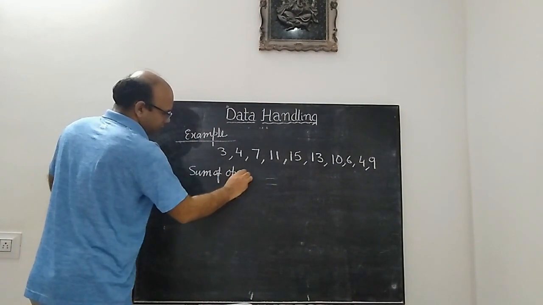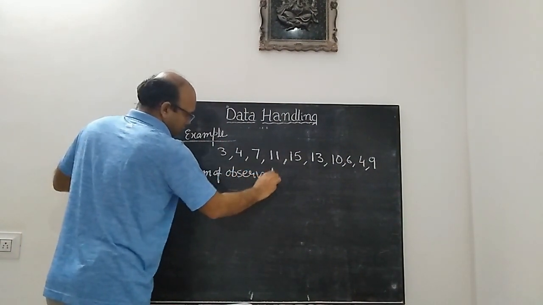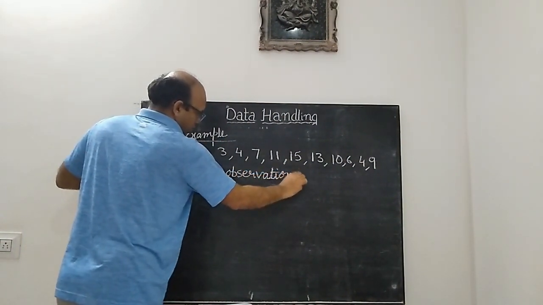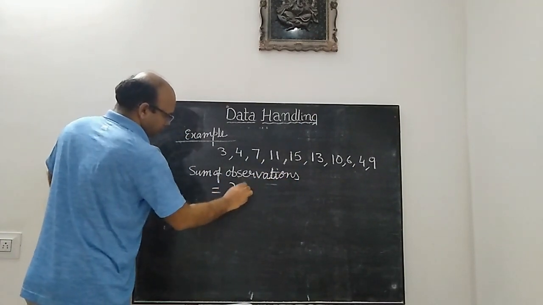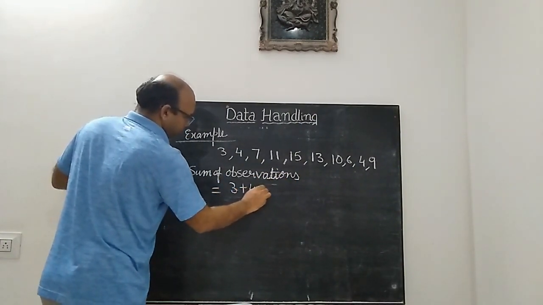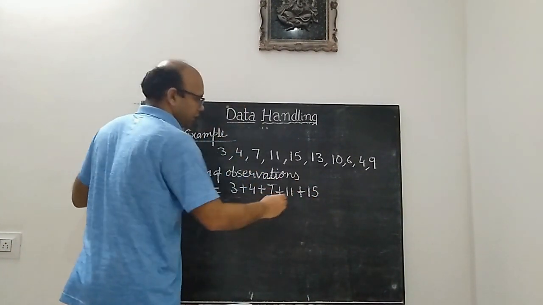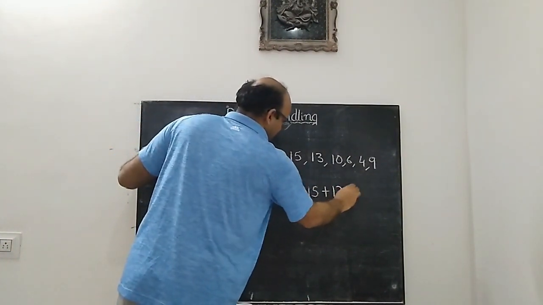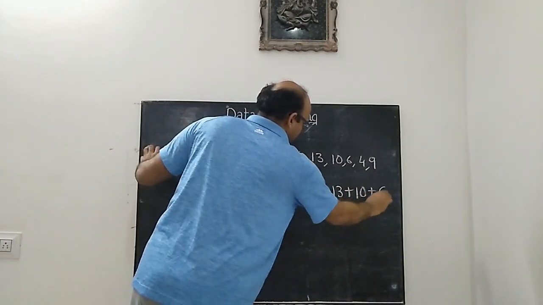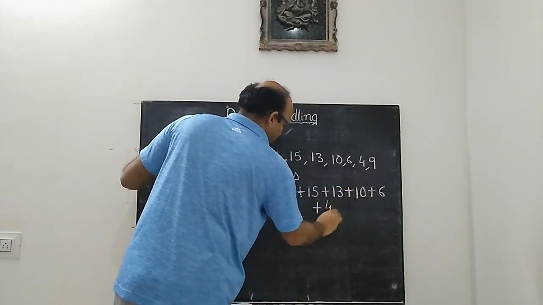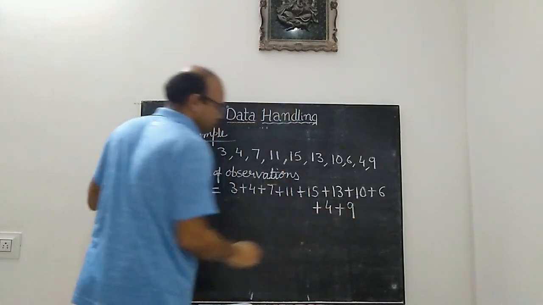Sum of observations is 3 plus 4 plus 7 plus 11 plus 15 plus 13 plus 10 plus 6 plus 4 plus 9.